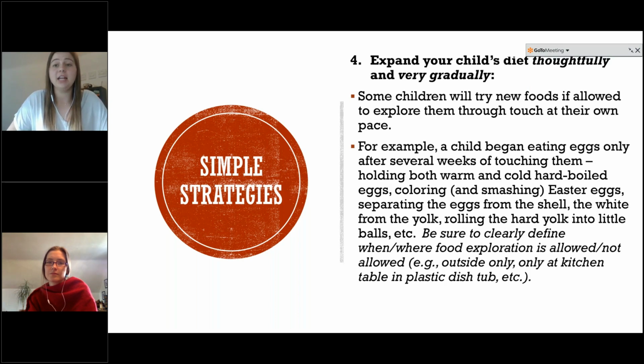Some other points for that: they will try, this one I really love, they will try the food at their own pace, but a lot of the times they like to explore it first. They like to touch it first. They like to think, what is this? So this little boy I had in my preschool class with the banana, he probably felt that banana 100 times before he ate it.